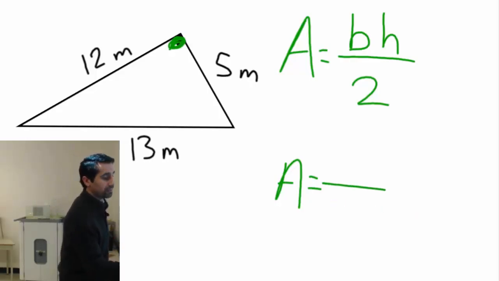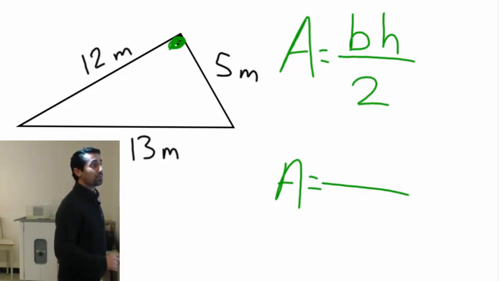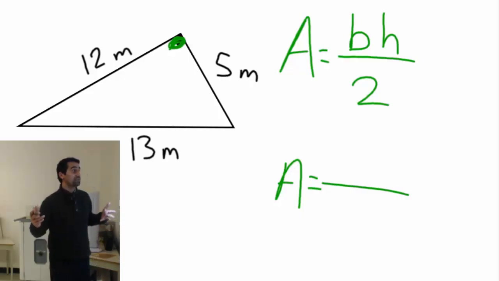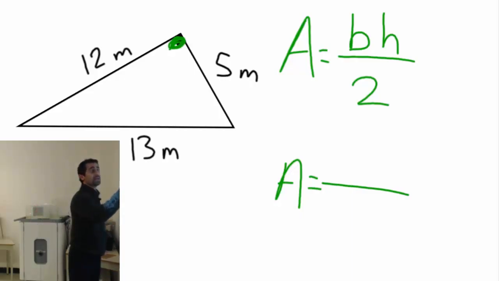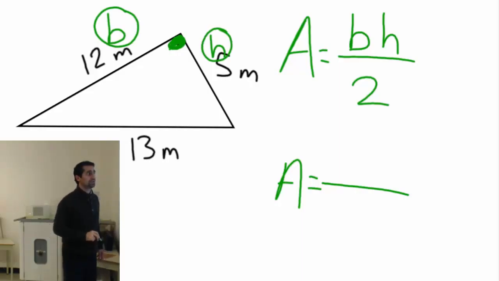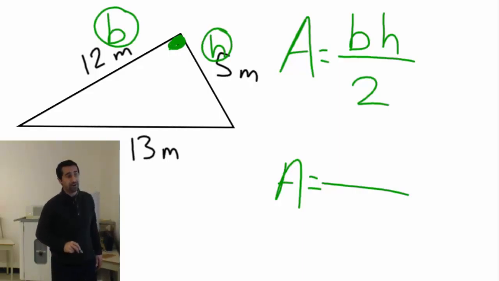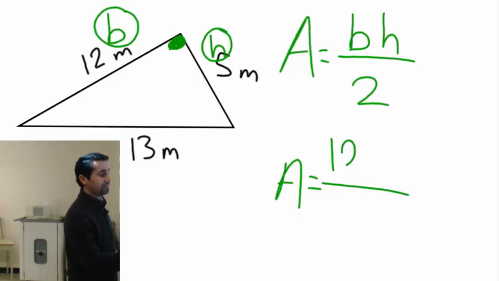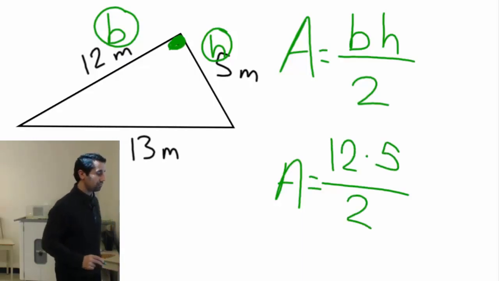In the middle of the equation, a straight line. So which one do you want to choose as B? It doesn't matter as long as you work with the 90 degree. So I'm calling this the B and that the H. So 12 times 5, divided by 2.